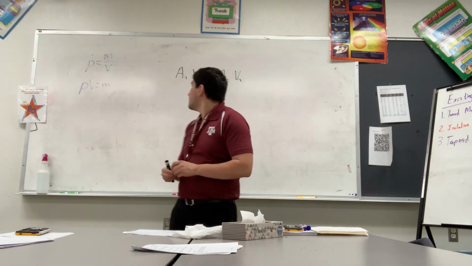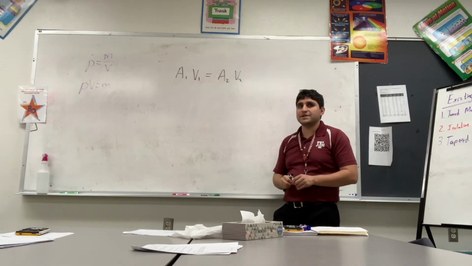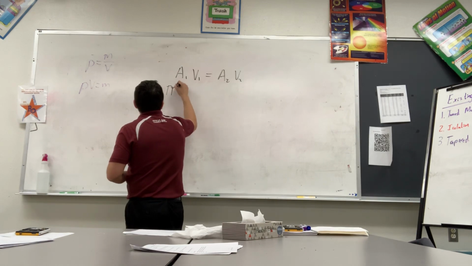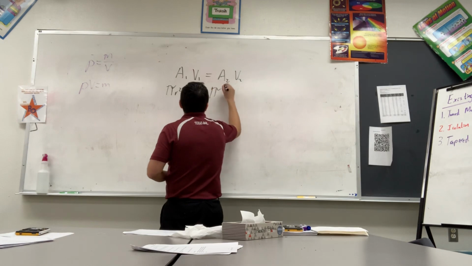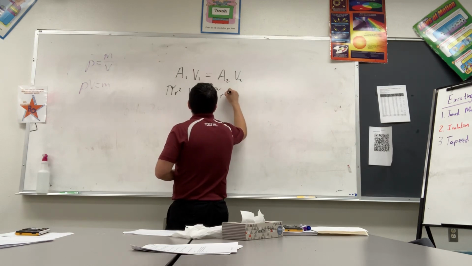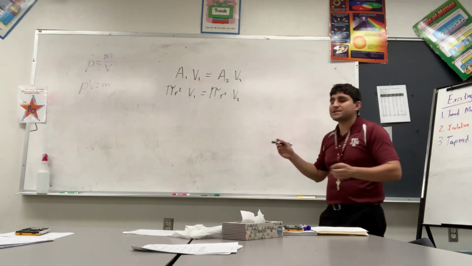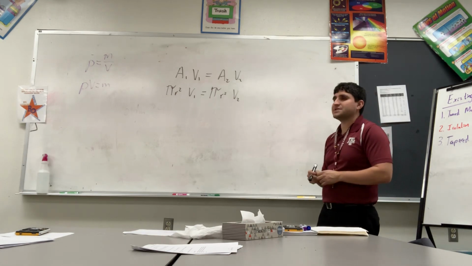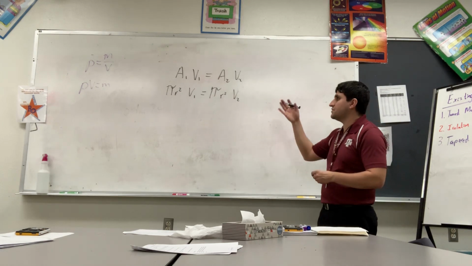So what does this A stand for? Area. And when we're dealing with pipes, what is the area? Pi r squared. So pi r squared V1 equals pi r squared V2. And this is why it's important to work with variables, because when you put in just numbers, it's hard to see them cancel. When you put in letters, you make the problem easier for yourself, because what do you see that I can do?